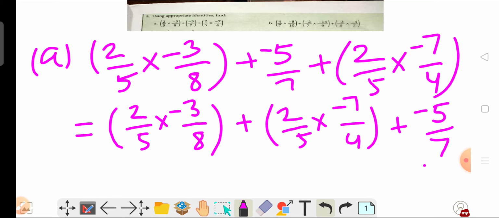Now look here, there is a common factor 2 by 5 in both multiplications.